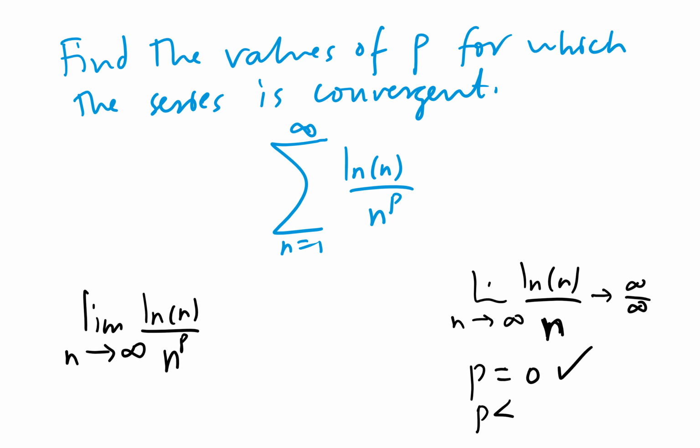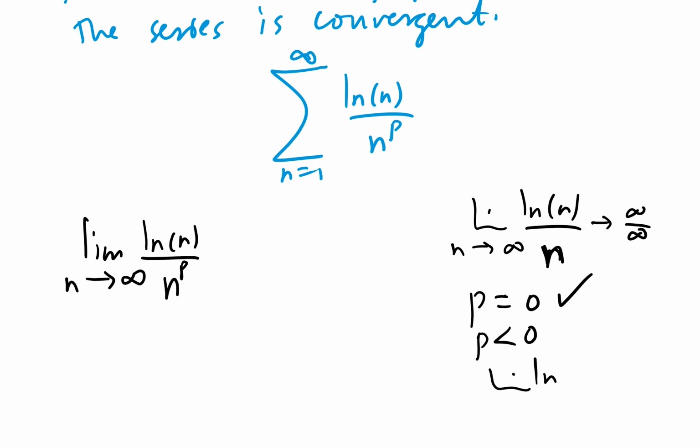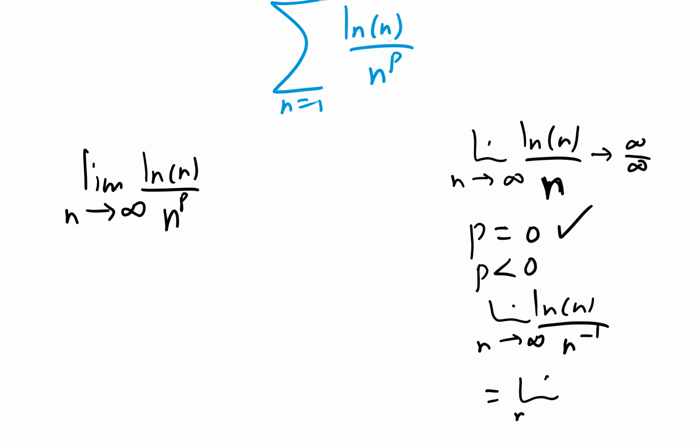How about if p is less than 0? What happens? Imagine you have ln of n over n to the negative 1. This one you have to rewrite as n times ln of n. And believe me, with L'Hopital's rule, this is going to diverge all the time.